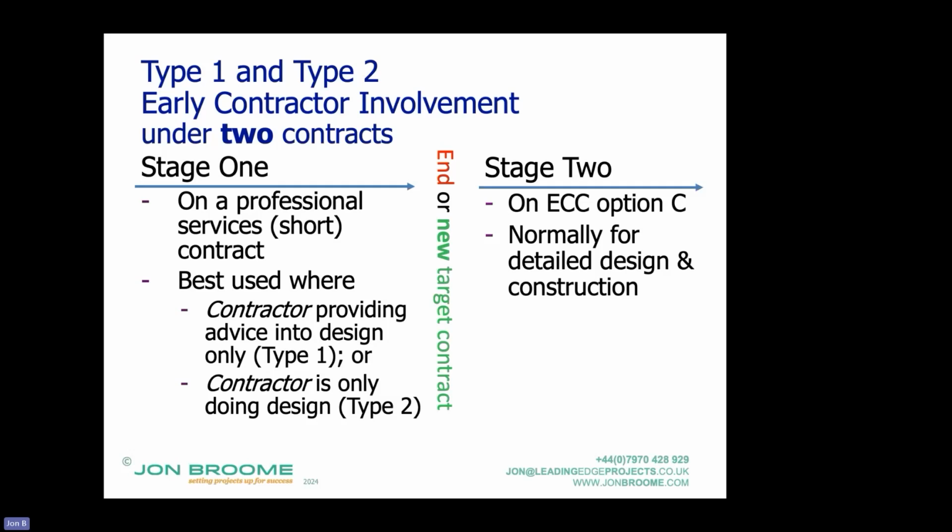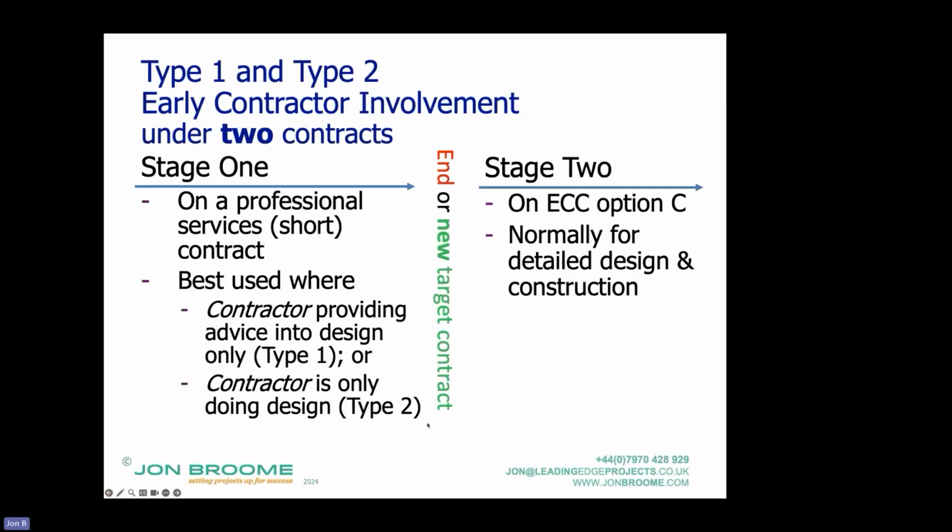So if there are ambiguities or mistakes in their design, they are responsible for that ambiguity. It's already within the option C prices to cover that. Whereas stage 1 would typically be a professional services short contract because it's advice. Coming on Monday, every Monday for clinics with a design team, you can review what they've done and make suggestions, and they can ask you questions.